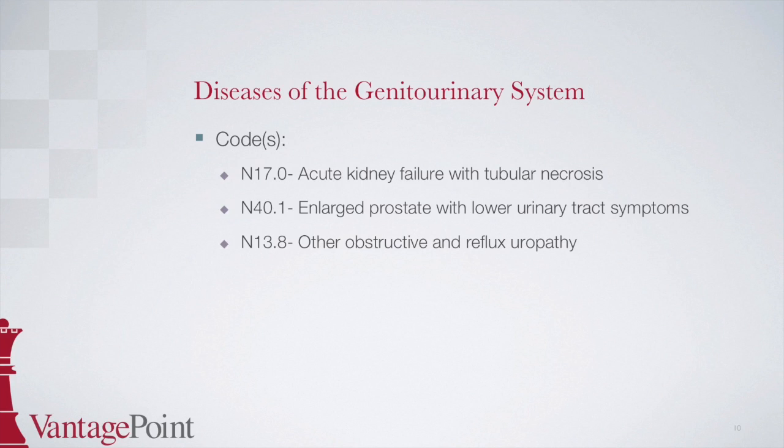To locate this code, start at obstruction in the alphabetic index. Then go to urinary, and then find the phrase due to hyperplasia with hypertrophy in parentheses of prostate. There's a note stating see hyperplasia, prostate.